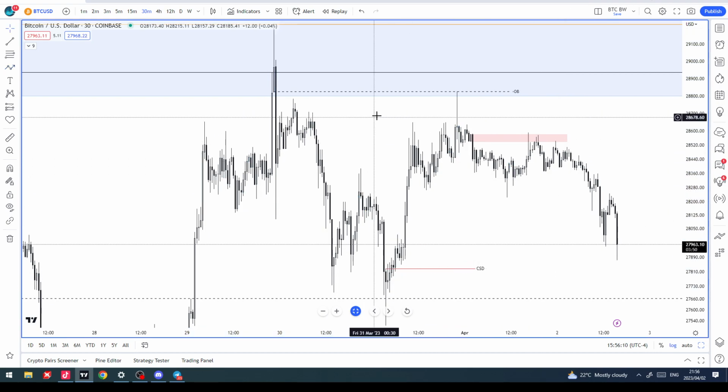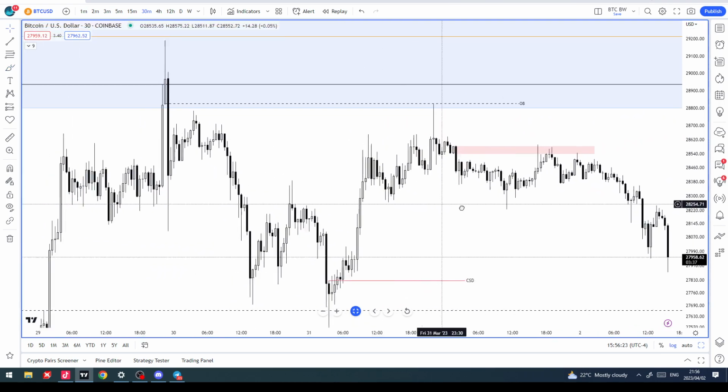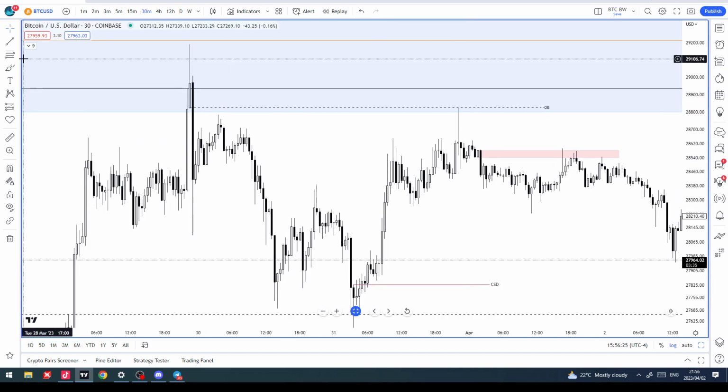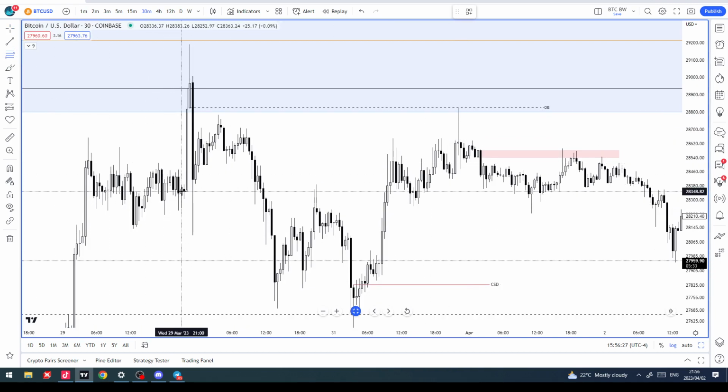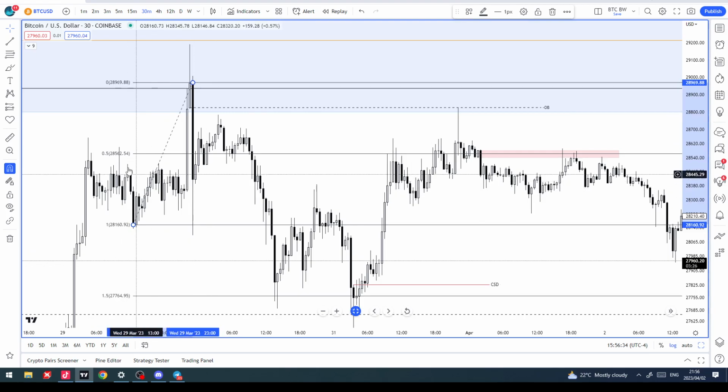That's the model. All this did here was create internal liquidity here and here to be taken here. Let's have a look at a few other levels here. 50% of this puts us here.